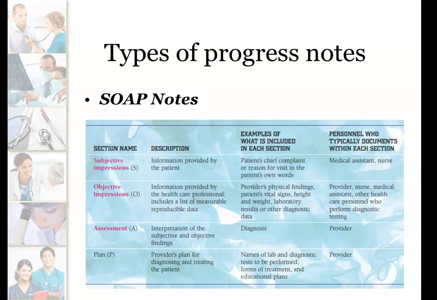The objective impressions, O, are information that are provided by healthcare professionals, including a list of measurable and reproducible data, things like vital signs or height and weight or lab results, and can be provided by the nurse or doctor or other healthcare professional performing a diagnostic test. A, assessment, is the interpretation of the subjective and objective findings, or in other words, the medical diagnosis by the provider. And lastly, P, plan, is the provider's plan for treating the disease or for follow-up tests that need to be done or follow-up treatments.